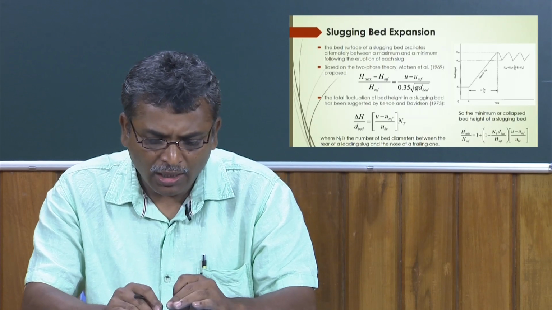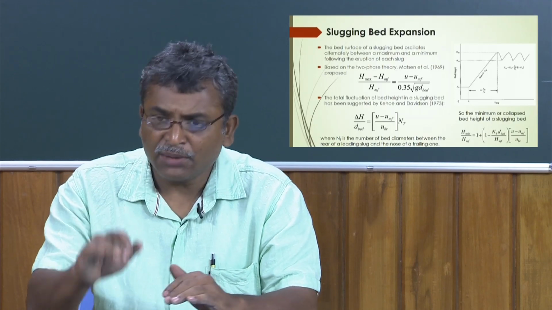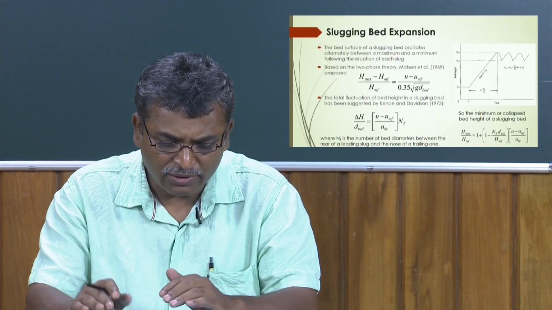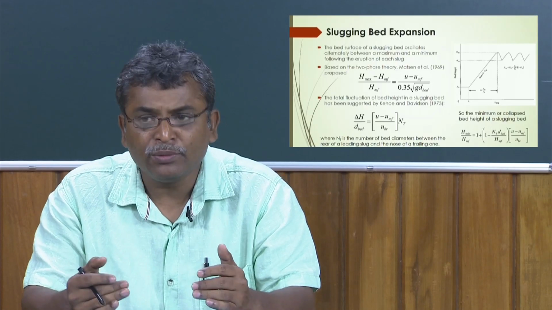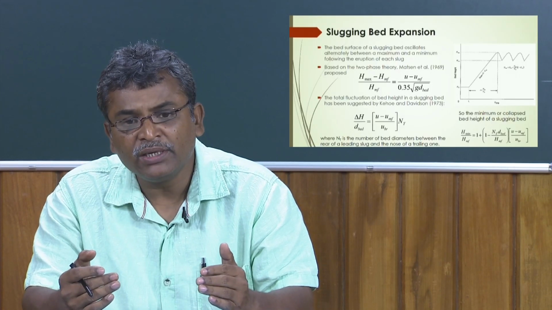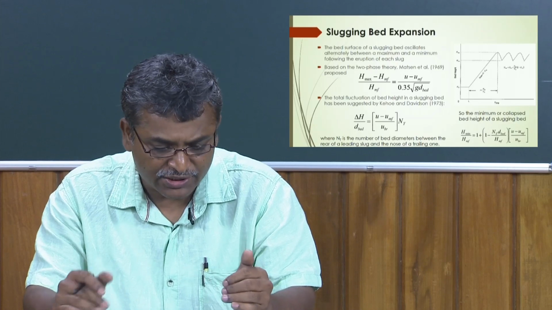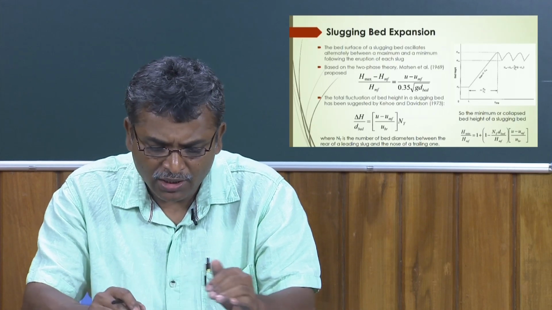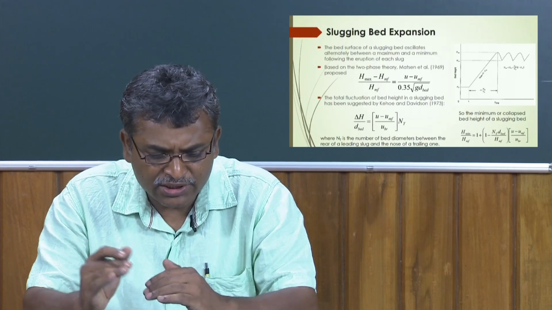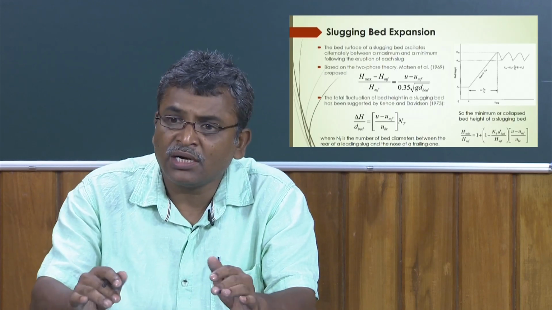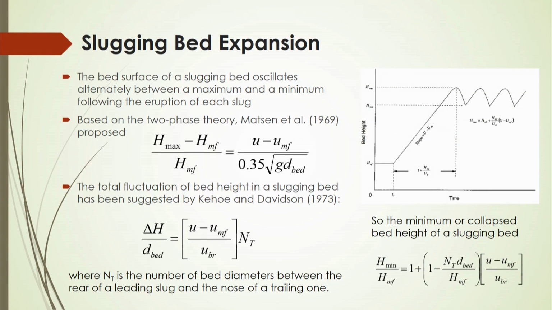In that case, the maximum and minimum of the oscillation, from which you will be able to calculate what height should be maintained so that you will get fewer oscillations. So, based on the two phase theory, Matson et al. 1969 proposed what should be the maximum bed height, because of which there will be a negligible amount of oscillation there.